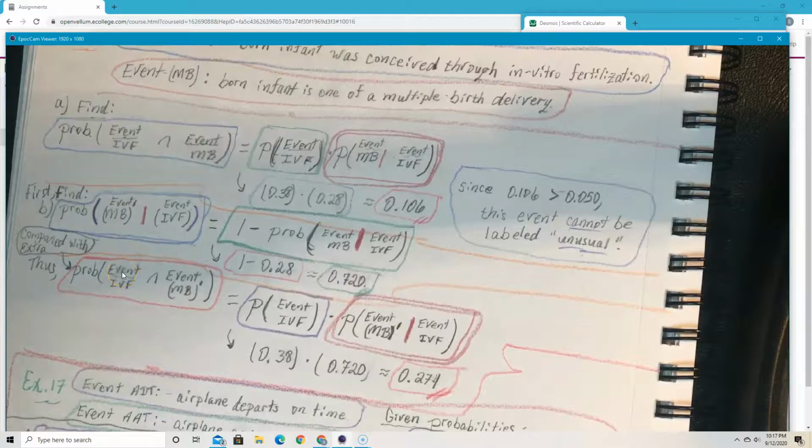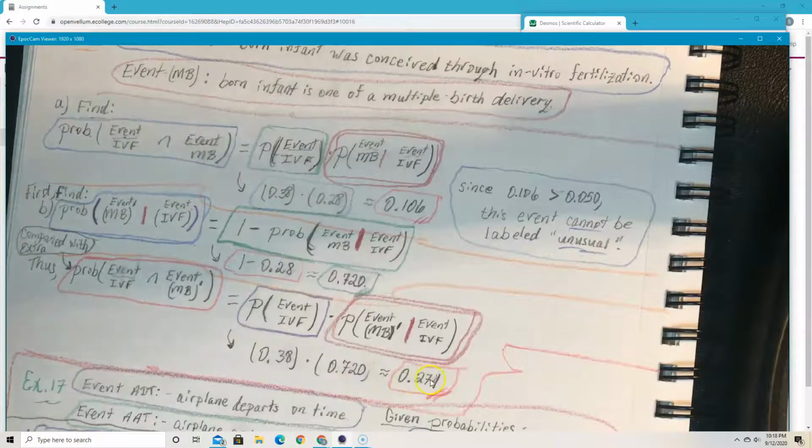You would need the probability that they went through in vitro, which is 0.38, times the probability that they were not part of a multiple birth, knowing that they were conceived through in vitro, which is this probability right up here. Then you multiply 0.38 and 0.720.